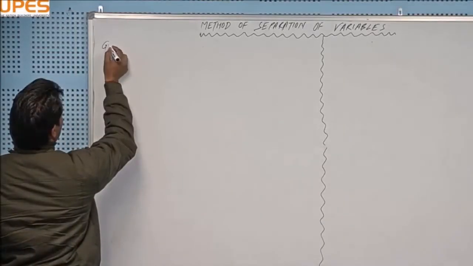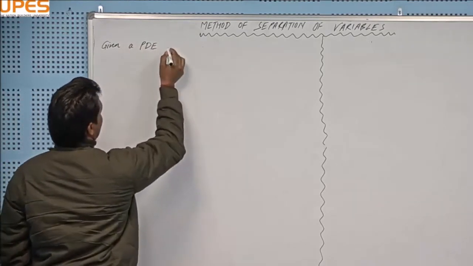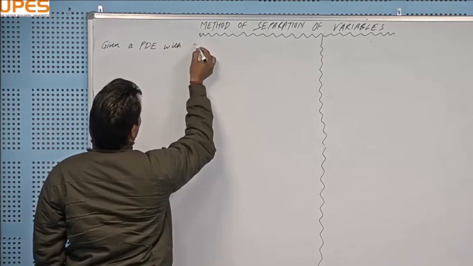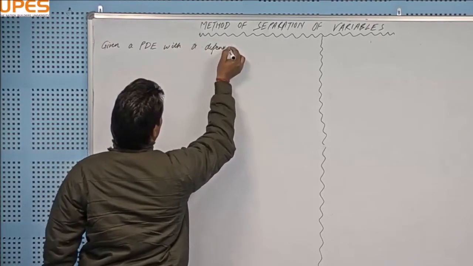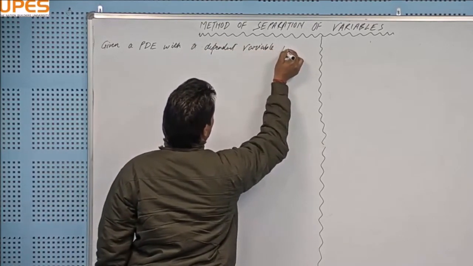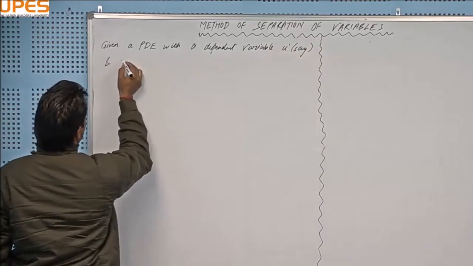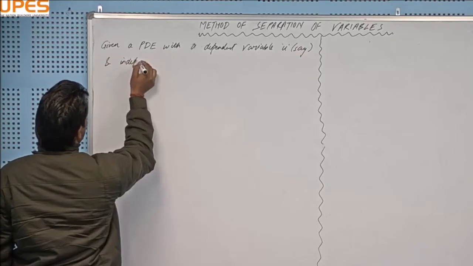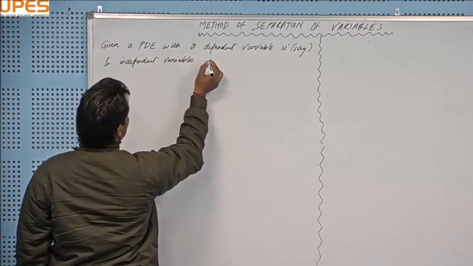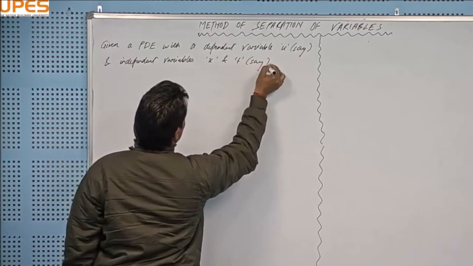You are given a PDE with a dependent variable u, and independent variables x and t, say.